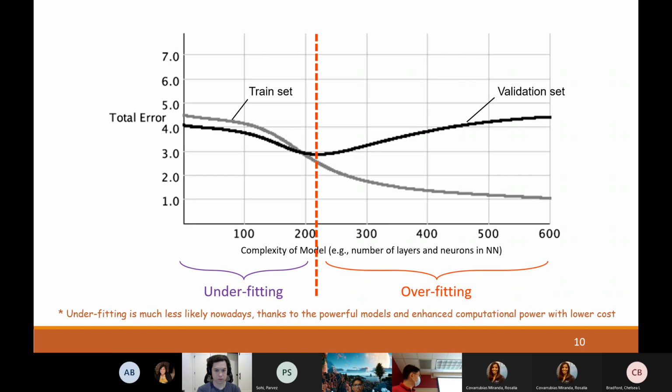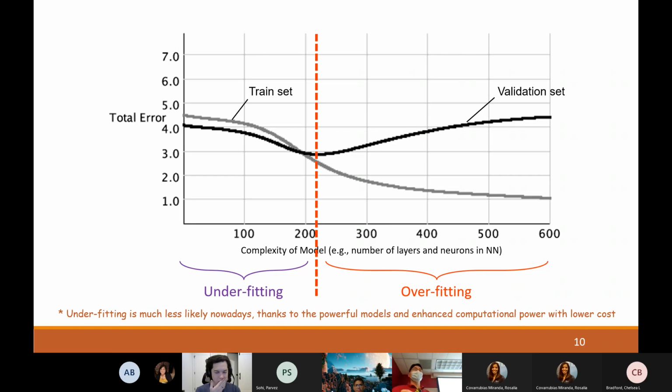So when you train a model to its best state possible and try to minimize the error rate on that training set, it achieves this level of performance. And when you test that model on the validation set, it achieves some other performance level. Most likely the validation performance should be worse, but not always. In this case it's better, right? Because lower is better here.